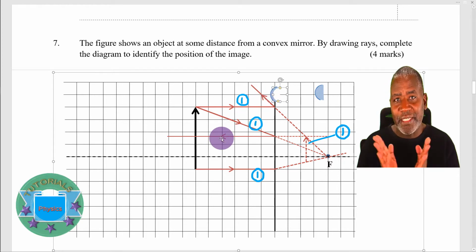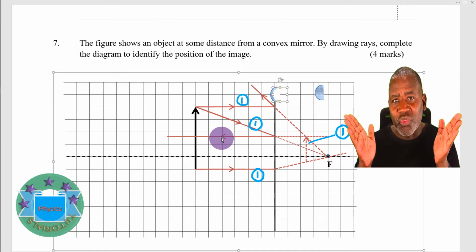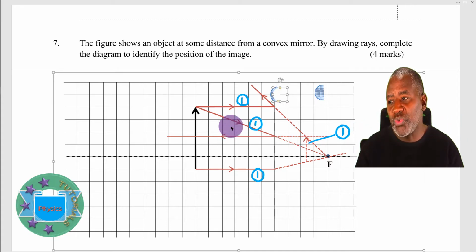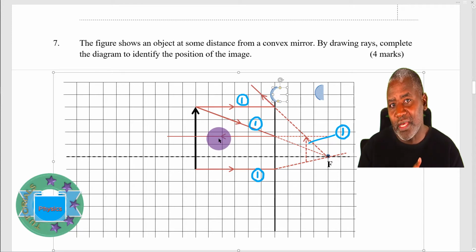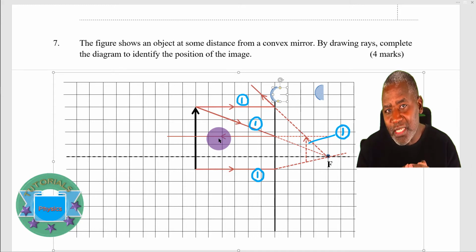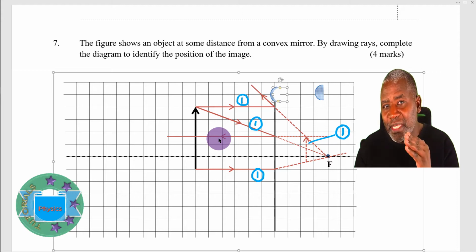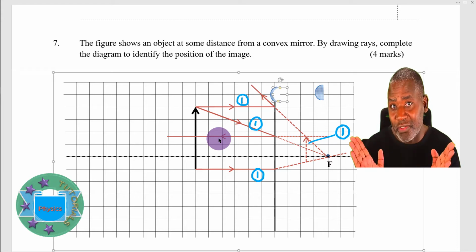But the two reflected rays are diverging. So there is no way the two reflected rays can meet because they are diverging. And it is the interception, it is that point where reflected rays meet, where real images are formed. But these two rays are diverging.